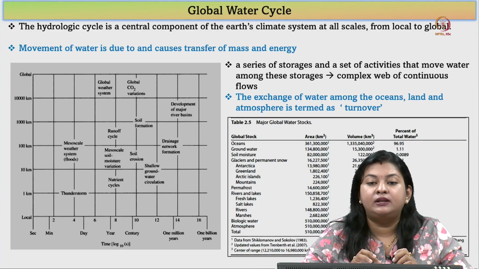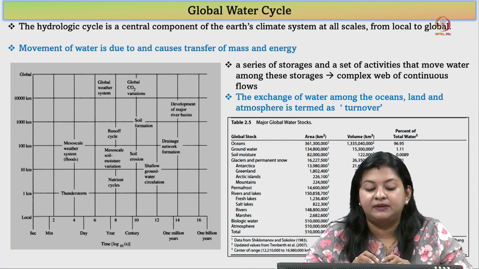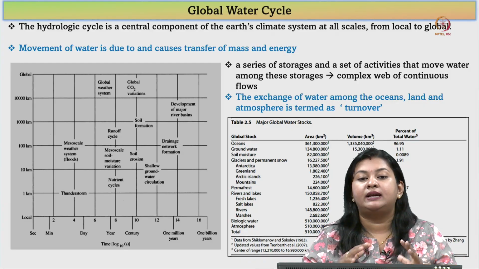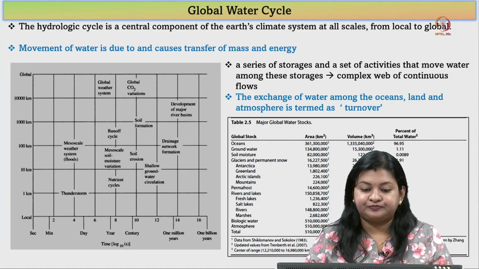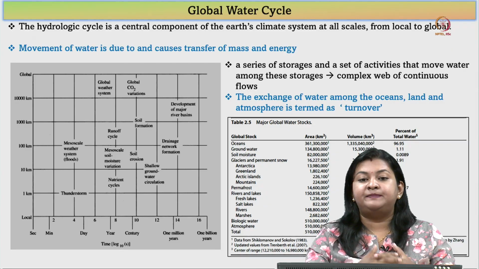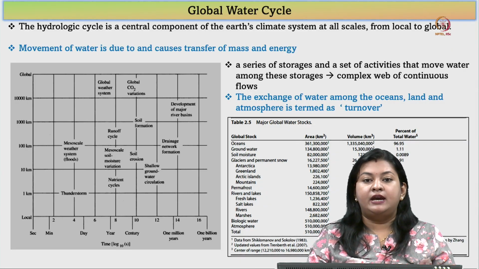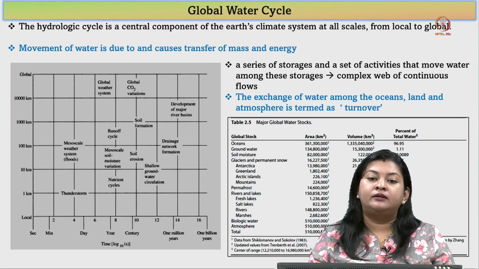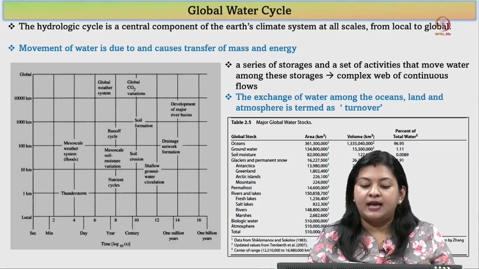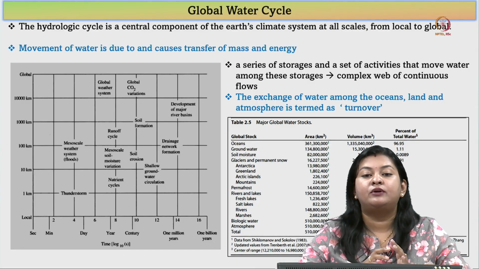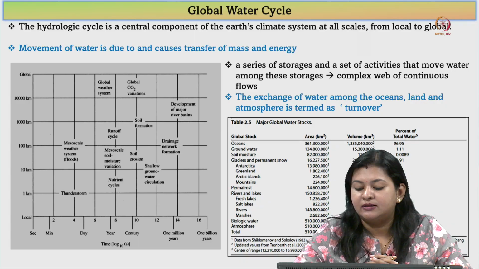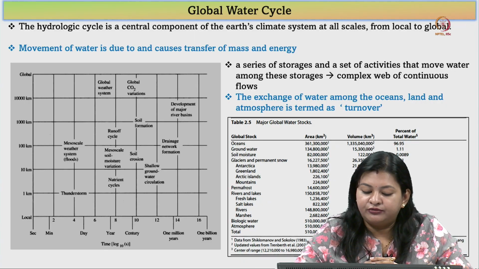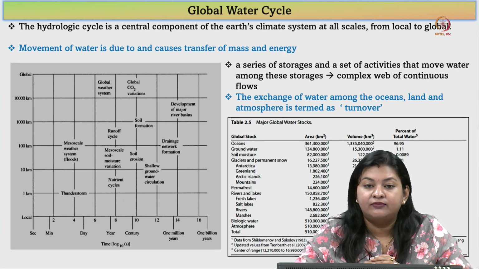Okay. So, for global, an example has been taken of carbon dioxide variations, basically through the atmosphere and water all across the globe. Now, while water is being circulated, it is also getting stored in various terrestrial storages, and here the global water stocks are mentioned in terms of area and volume, and you may see that the fresh water system is actually very low.